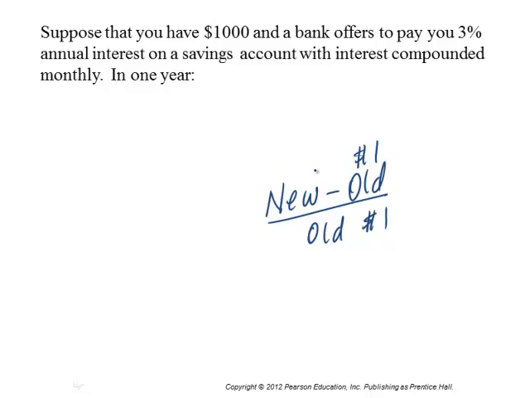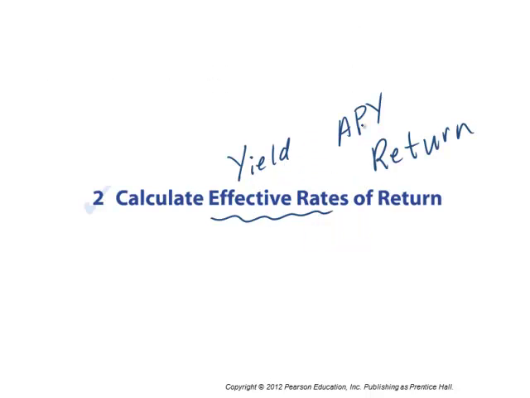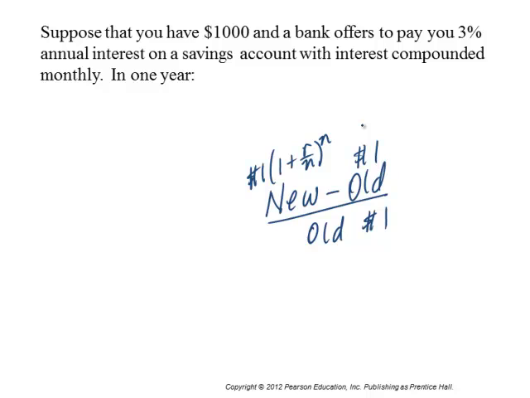The new value is going to be gotten by taking a look at that balance after that dollar has been in your bank account for 1 year, on December 31st. And, of course, that'll be the $1 times 1 plus R over N raised to the N times 1 power.